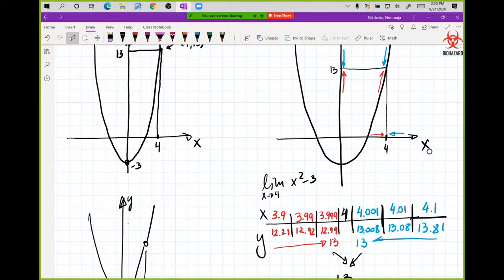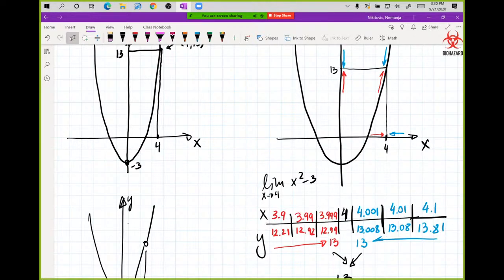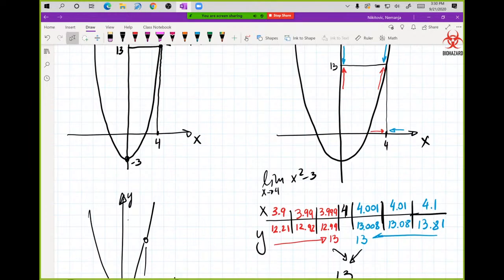This one has a lot more work to it, obviously, because you have to compute infinitely many values around the value you're interested in. But the advantage is that if the point doesn't exist, the one that you are computing at, in that case you can still compute, because you never compute at that point.